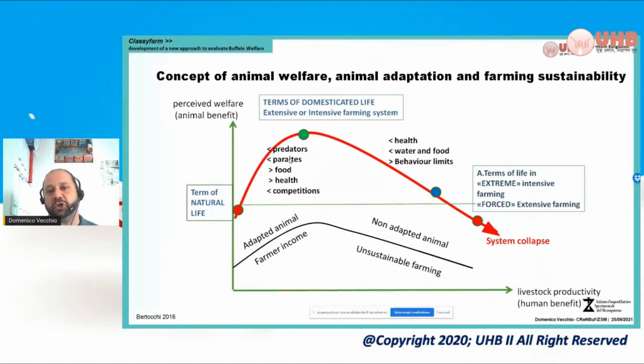So the problem is not the intensification, but the level of intensification. When the intensification is balanced with animal needs, structure, and management quality, we obtain an optimization of the resources and income. Otherwise, when the intensification of the farm is exaggerated, as in this case, we obtain an unacceptable welfare level and the presence of problems in the farm that require a cost to be resolved, and in many cases, an increase of impact on the environment.